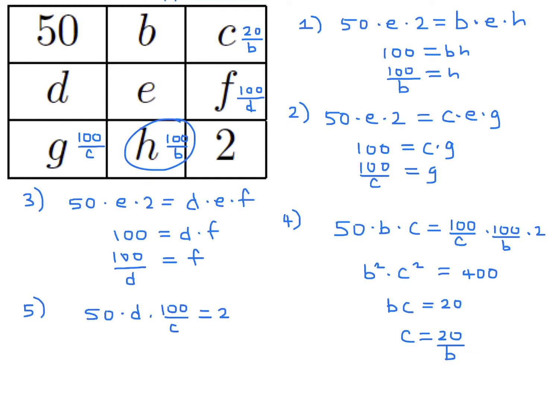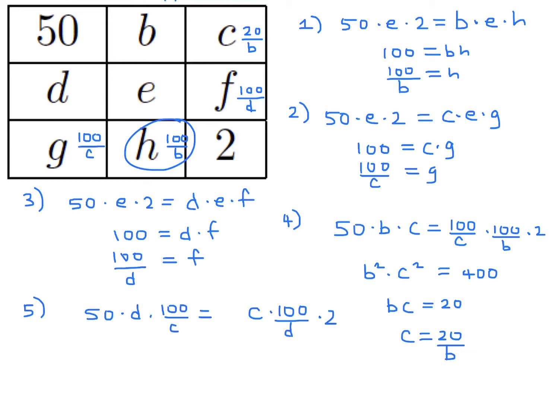Well, instead of introducing yet another variable, let's just stick with the c, because I've got c on the other side, and then 100 over d, and then the 2. I think that will be a little bit better. All right, now I got to do this math here. So 50d 100 over c is the 2 I already included, actually. Included that twice there. So I've got c times 100 over d times 2.